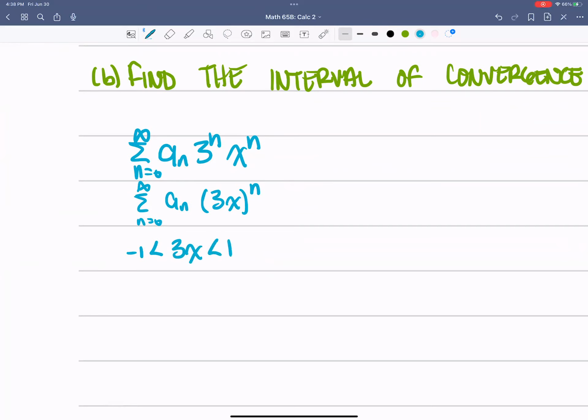To get x by itself, it would be -1/3 less than x less than +1/3. So in this case, our interval of convergence goes from -1/3 all the way up to 1/3.